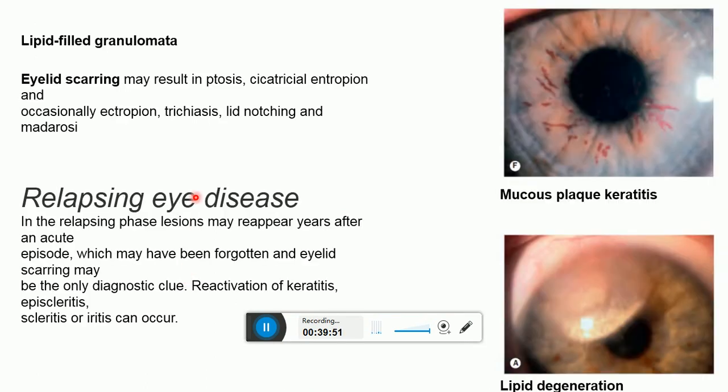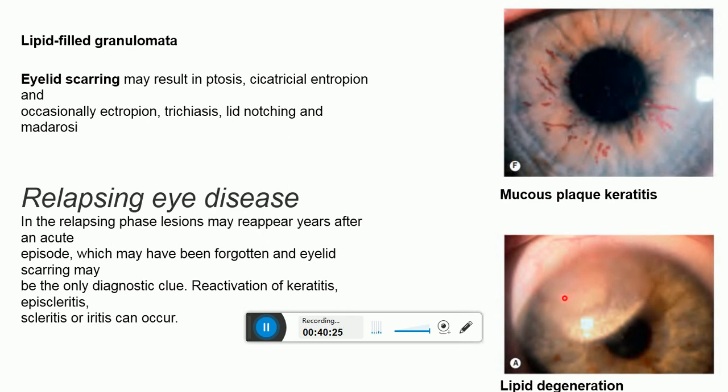Mucous plaque keratitis develops in about 5%, most commonly between the 3rd and 6th months. This is mucous plaque keratitis: elevated mucous plaques stained with rose bengal. Treatment is steroid and acetylcysteine. Untreated plaques resolve after a few months. Lipid degeneration may develop in eyes with persistent severe nummular or disciform keratitis.